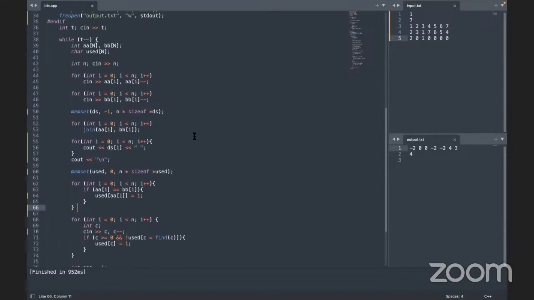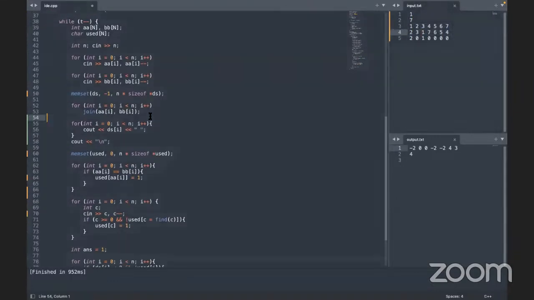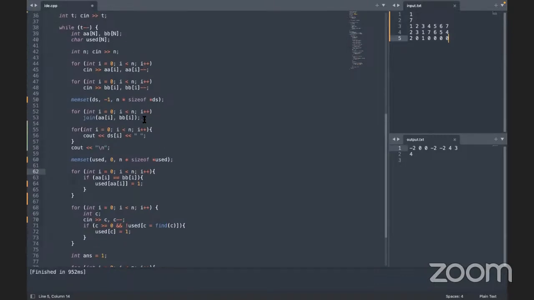So if you want to take another example and run it, basically this example that we have taken, for this group, we have fixed it, right? So here, once we do the join operation, our disjoint set array is going to look something like this after the join operation.